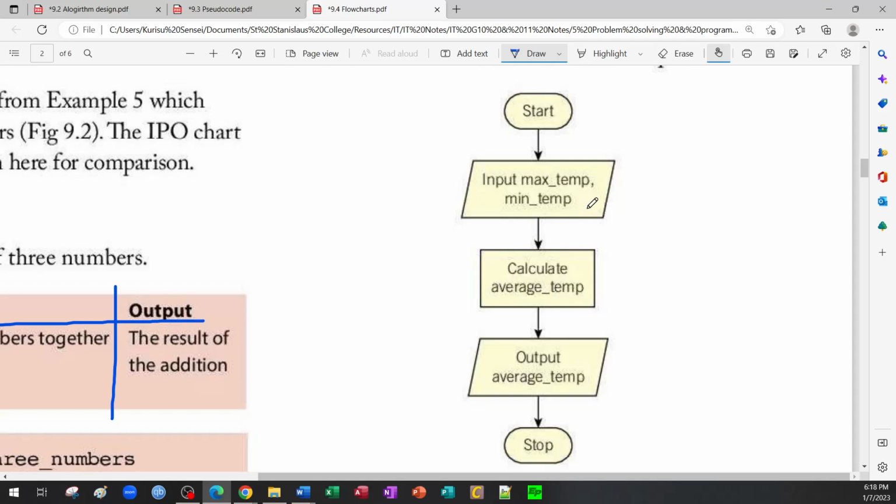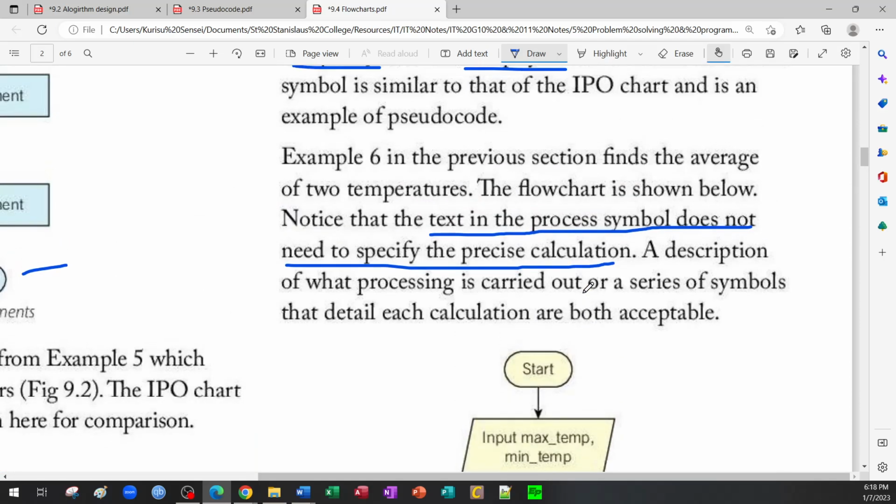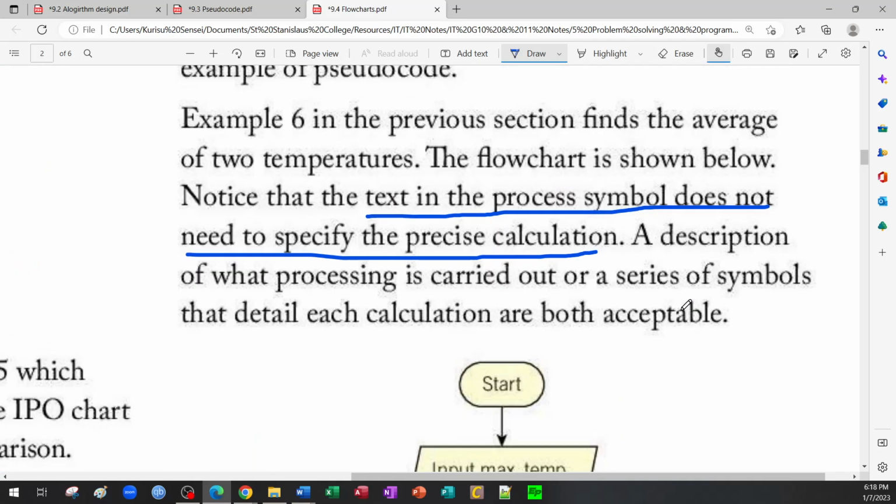So if you were to write that entire formula into this one symbol here, it can actually take up a lot of space when it comes to creating a flowchart. So that could be a possibility as to why they allow you to summarize what is basically happening.